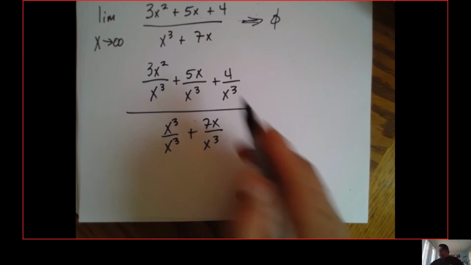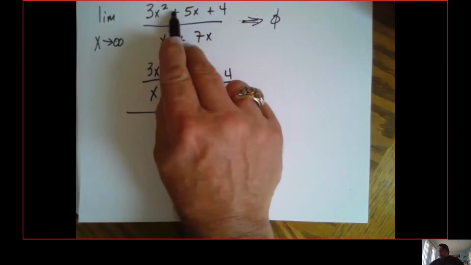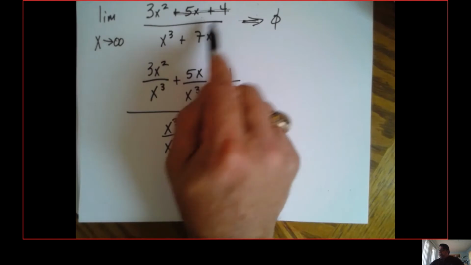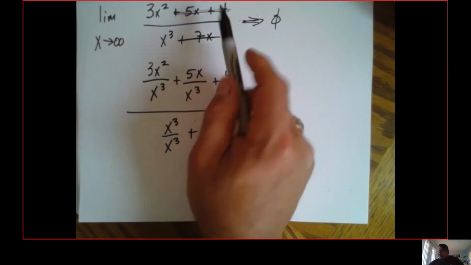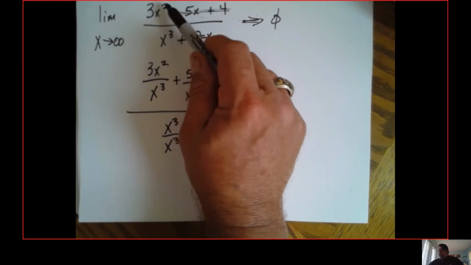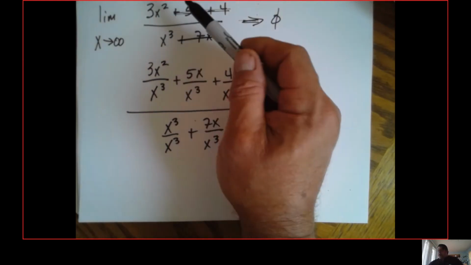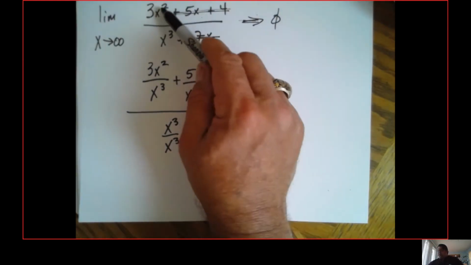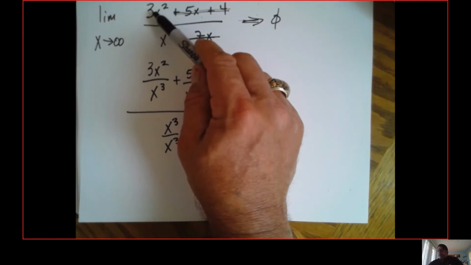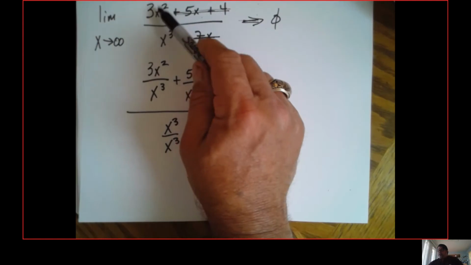Or like I said, you could use the second, and you can mark this out and mark this out, and you get 3 times infinity squared over infinity cubed. Well, let's plug in 2. 2 squared is 8. 8 times 3 is 24. No, 2 squared is 4.